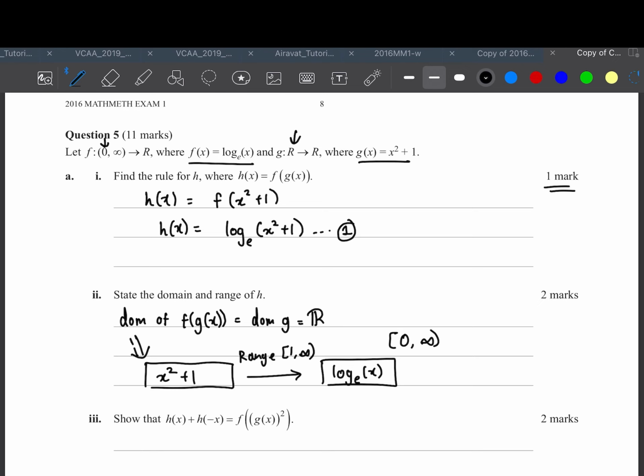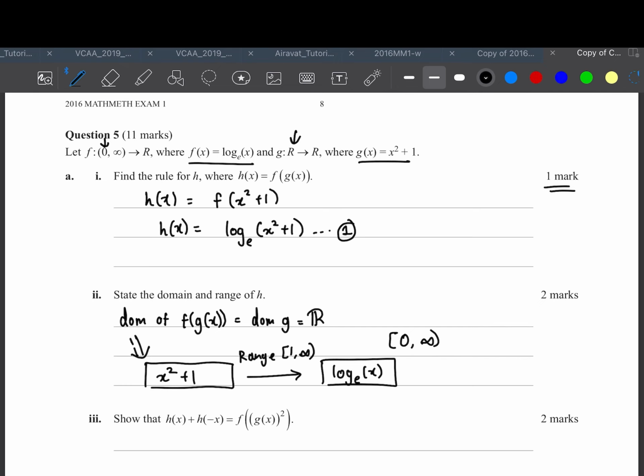Okay, let me explain this real quick again. So I use the domain of g, I input that in g, and then I get a range of the inside function. The reason why I get the range of the inside function, which is g of x, is because once I know the range of g of x, then I can look at the bigger picture of f, because g is inside f, so g must work for f to work.